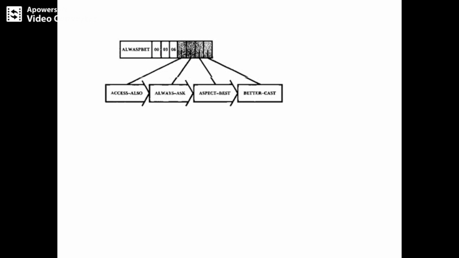So next separator is... Aspect best, that is the third block you have, and better and cast, that is the fourth block. So the separator between these 2 blocks is nothing but BET, right?